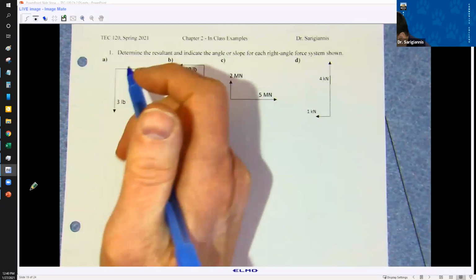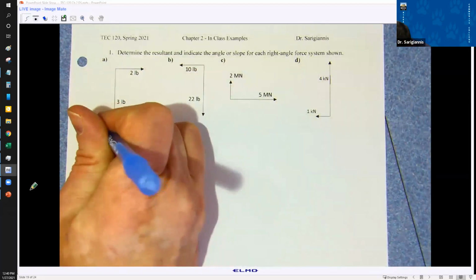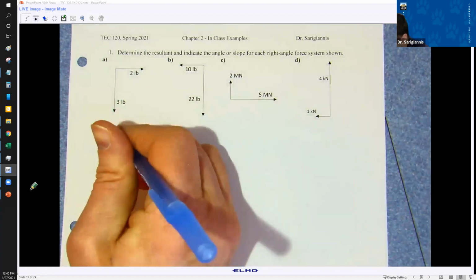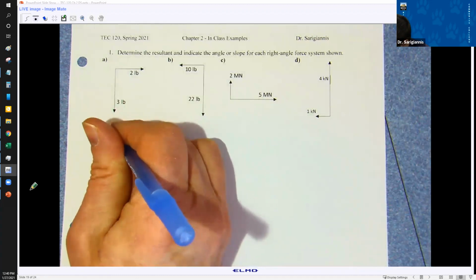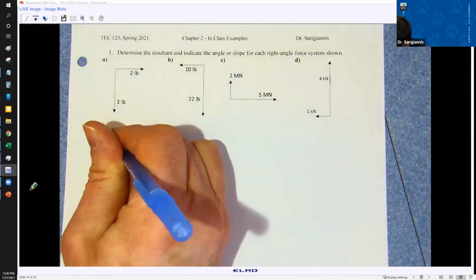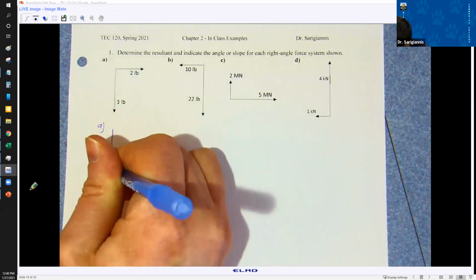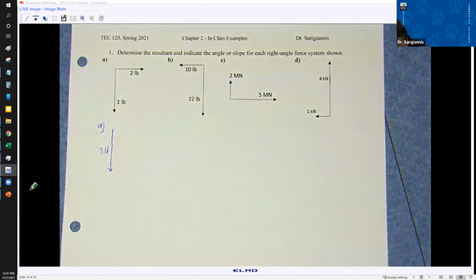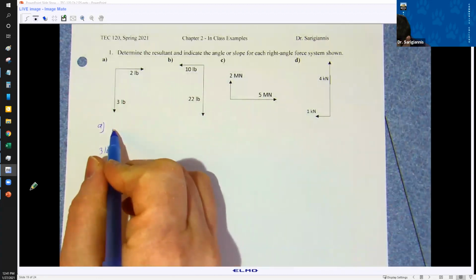So let's go into this. All right, for part A, that's this one here. Let's see, which one did I do? Tip to tail, parallelogram. Either one, I guess, works. All right, let me sketch this out. I've got 3 pounds acting downward, and this 2 pounds here.